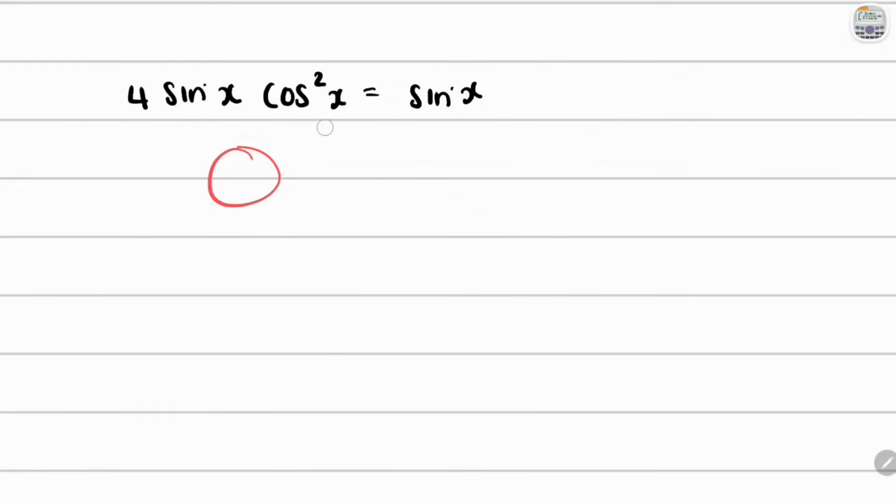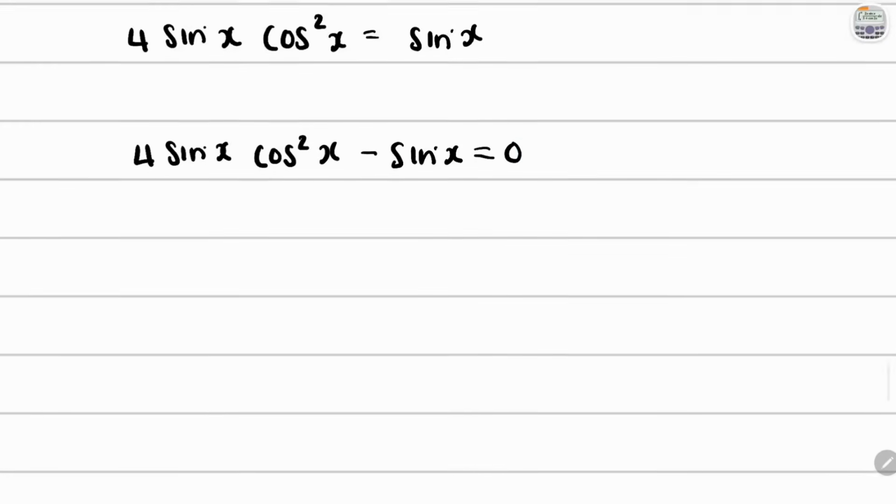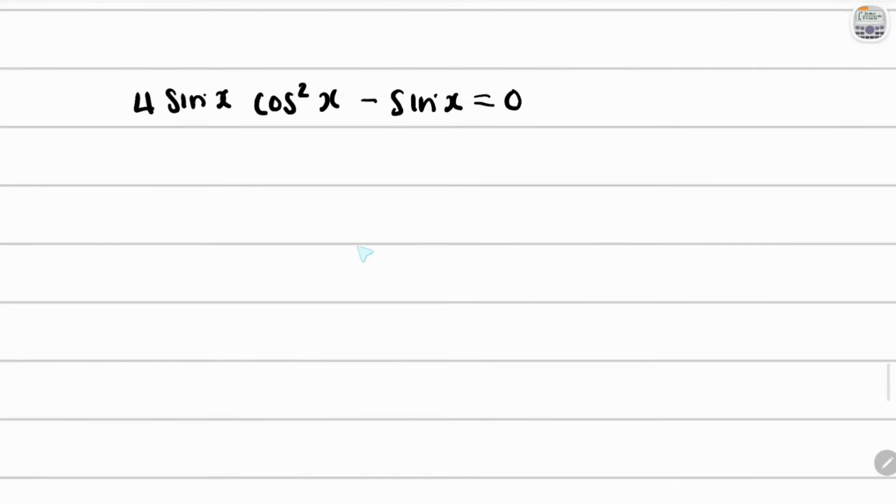So what we can do is transpose that sine x. So we have 4 sine x cos squared x minus sine x is equal to 0. And now we can just factorize. Do you see that in the first and the second term in this equation, we have sine x being common?